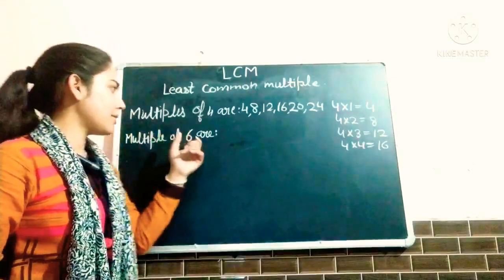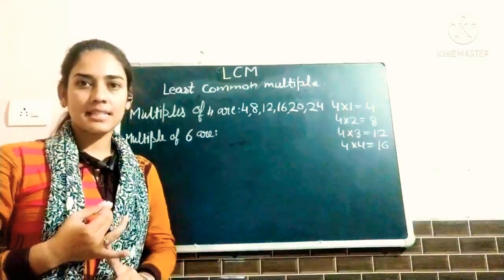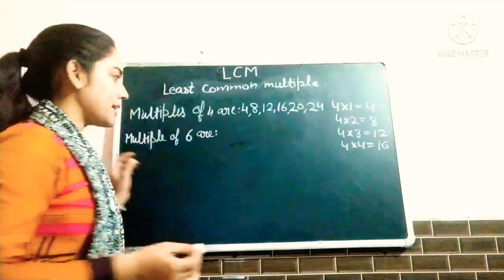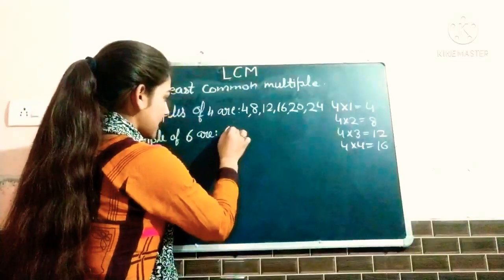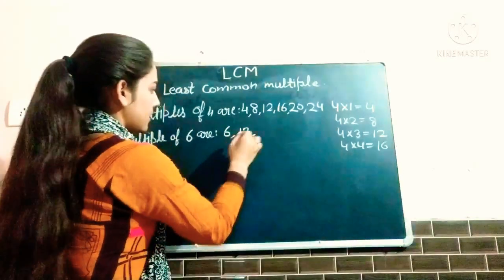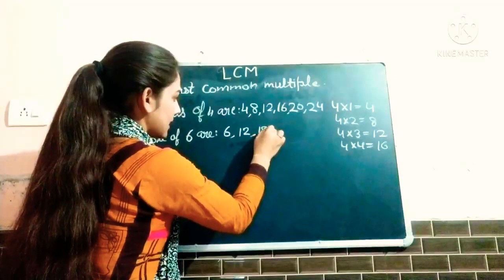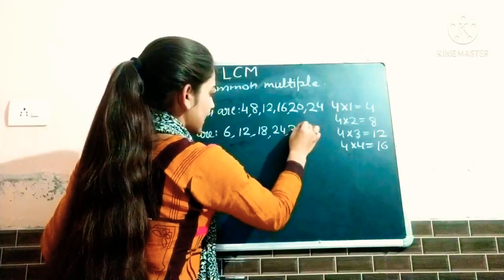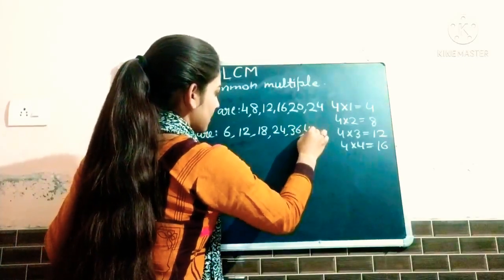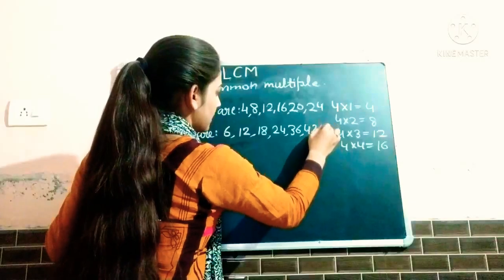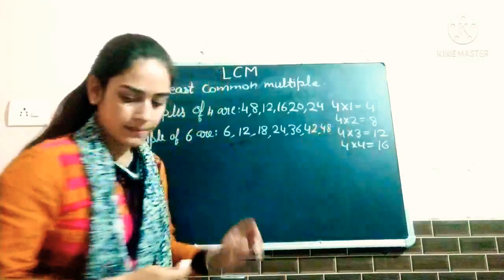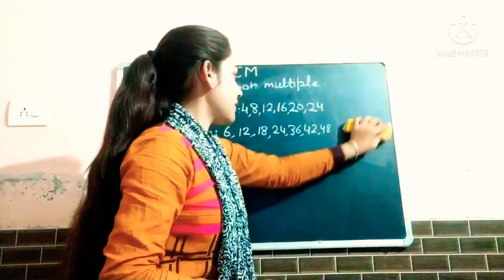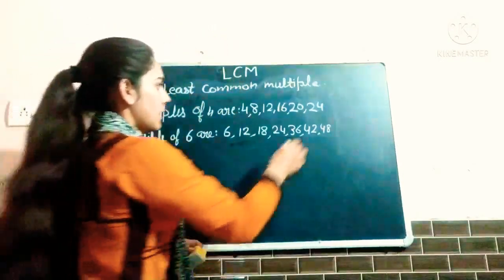When we write the multiples of 6, we write the table of 6. 6 ones are 6, 6 twos are 12, 6 threes are 18, 6 fours are 24, 6 sixes are 36, 6 sevens are 42, 6 eights are 48. In this way we will write the table of 6, even the multiples of 6.